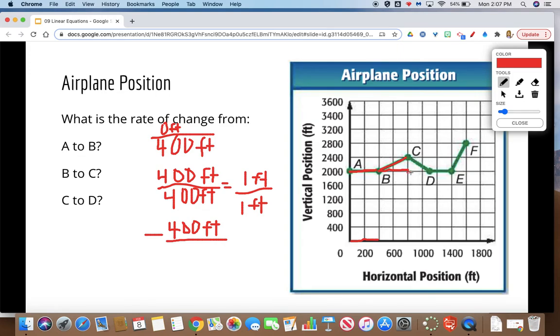And we traveled 200 and then half of a box. So half of 200 would be 100, so that's 300 feet horizontally. So negative 400 feet over 300 feet, we could simplify by dividing by 100 to get negative 4 over 3 for that change.